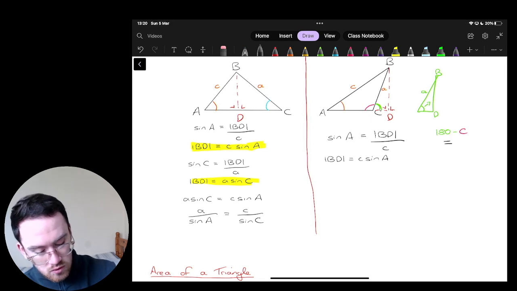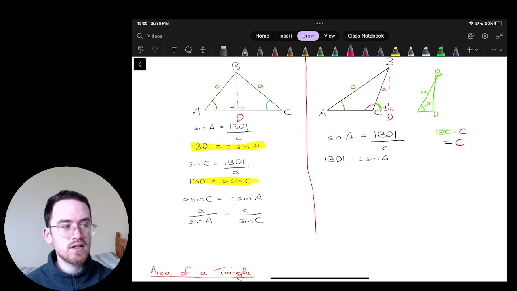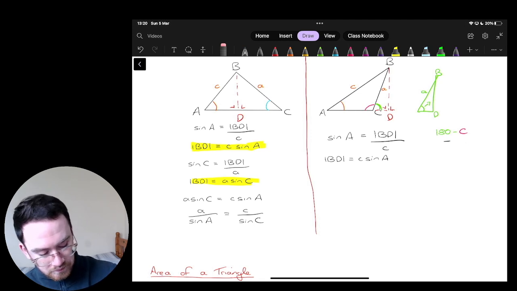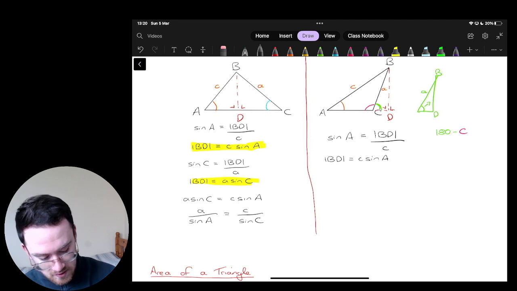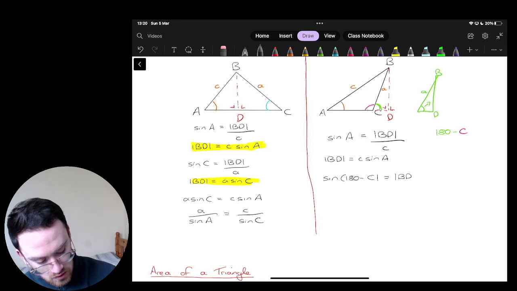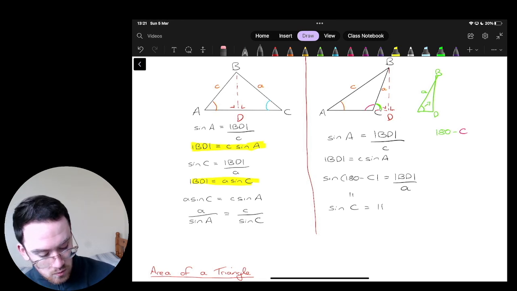But what we should know about sine from before and from looking at our CAST circle and that idea of reference angles is that sine of 180 minus C is actually the same as sine of C. And why is that? Well, we need to think about our reference angles.